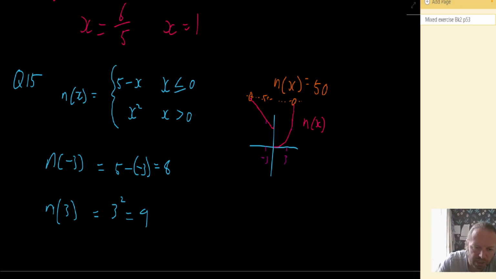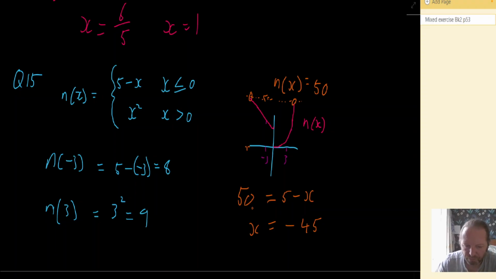We can say that 50 is equal to 5 minus x, meaning that we have x equal to minus 45. Okay, which would be the one way here.